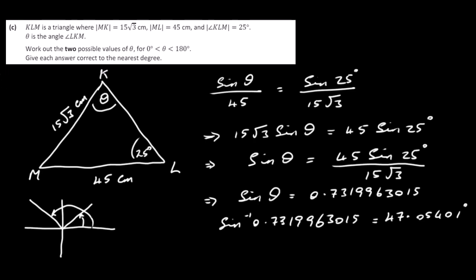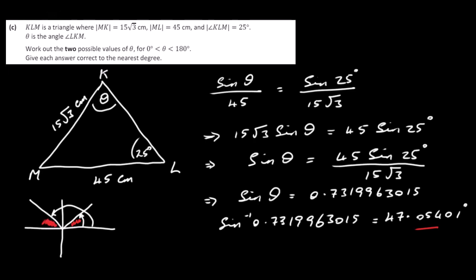So that angle there is going to be the angle in the first quadrant. It's also going to be this angle here, a reference angle here as well. So this is going to be one answer. The other answer for theta is going to be 180 degrees minus this angle here.